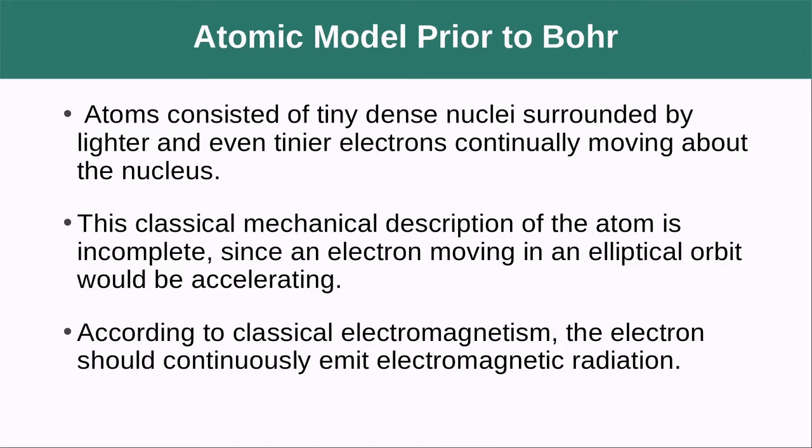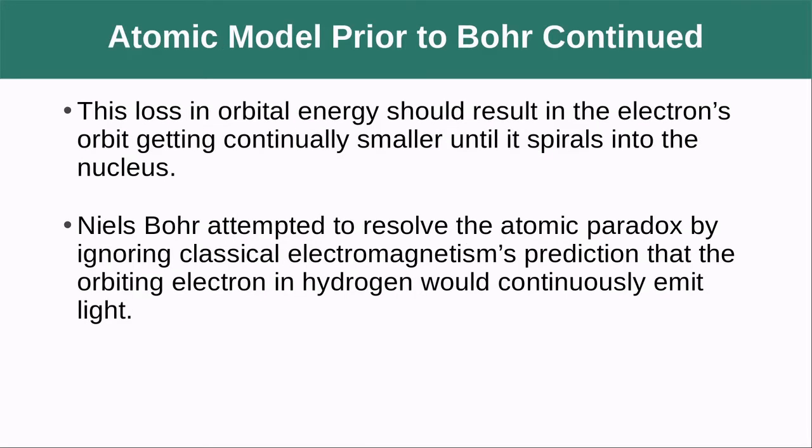That is something that we know from physics. If it's emitting radiation, then it's losing energy. If it's losing energy, then the orbit should get smaller and smaller until eventually it hits the nucleus, much like a satellite that's slowly coming closer and closer to the Earth until eventually it doesn't have a stable orbit anymore and it comes into our atmosphere and hits the planet, right?